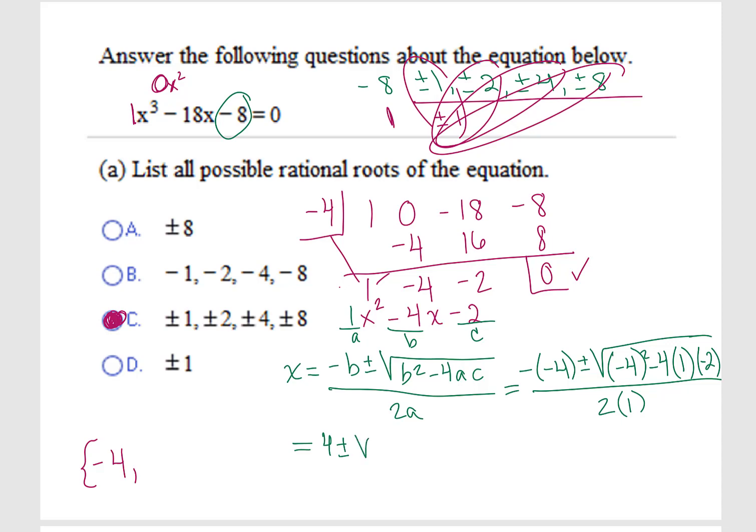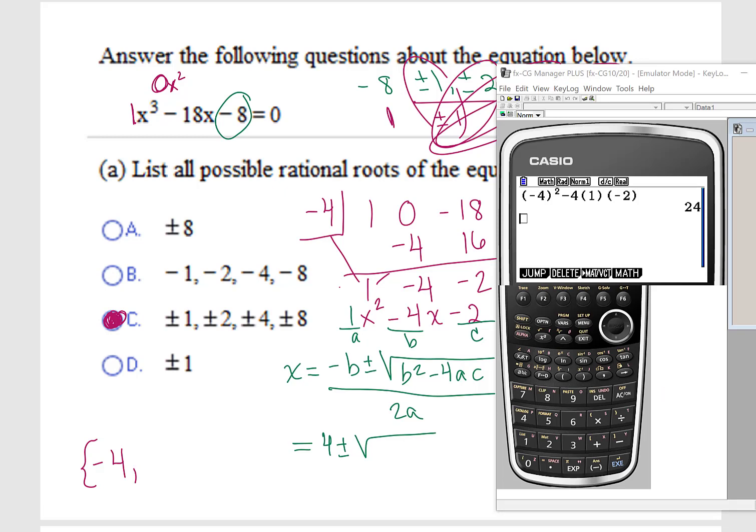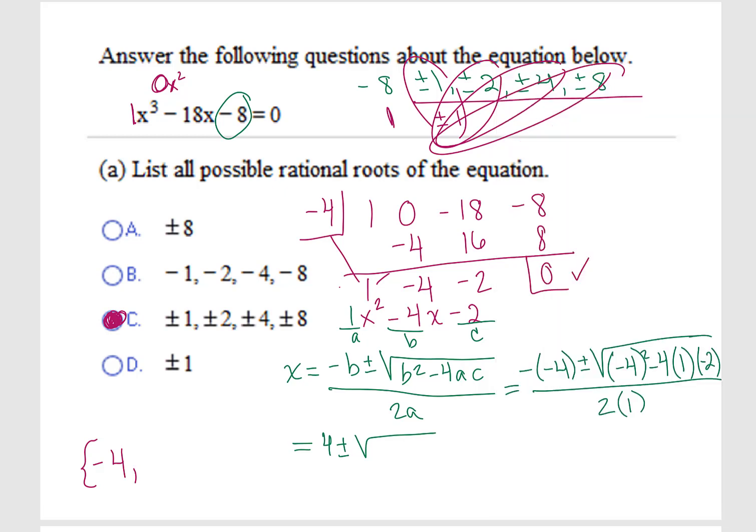plus or minus, I'm going to punch that in my calculator. Okay, in my calculator, it came out to 24 over 2. I've got 4 times 6 underneath here, and the square root of 4 is 2, so I pull out that 2, leaving 6 underneath the radical.